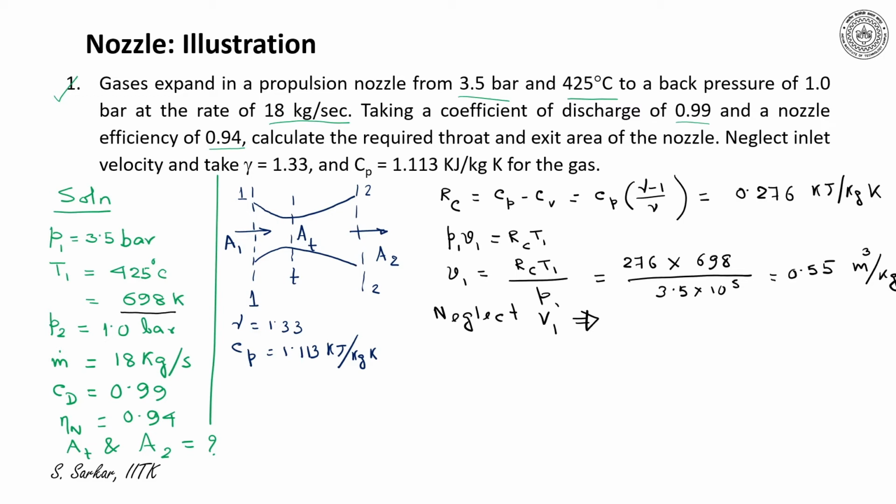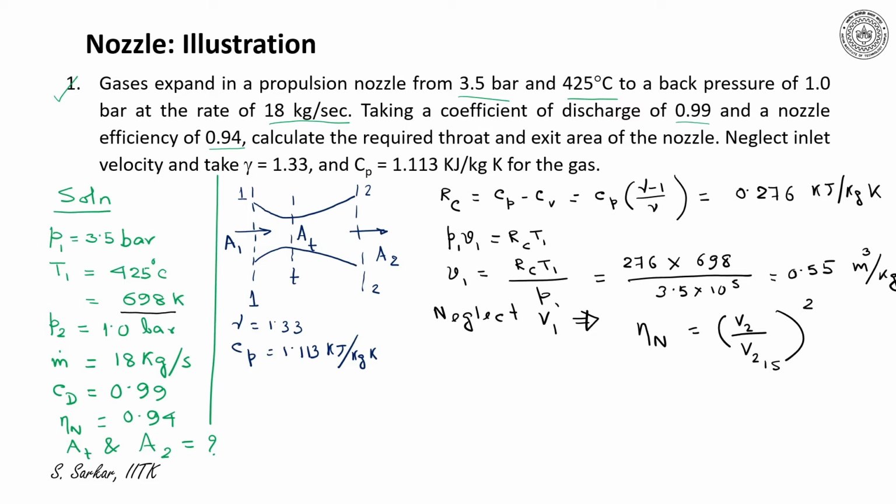I'll get eta n, the nozzle efficiency, is equal to V2 by V2 isentropic, the exit velocity, whole to the power square, where V2 is the actual exit velocity at section 2 and V2 isentropic is the isentropic exit velocity.